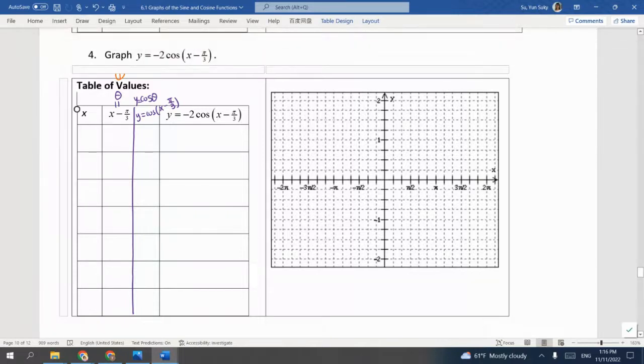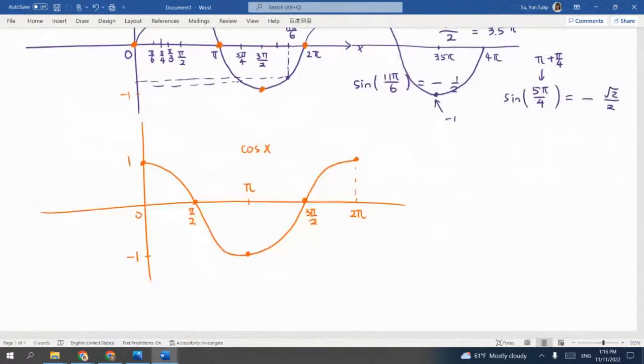And for cosine, the special values are: 0, 1; pi over 2, 0; pi, -1; 3 pi over 2, 0; and 2 pi, 1. Those are the 5 key points of the cosine. Everybody clear?